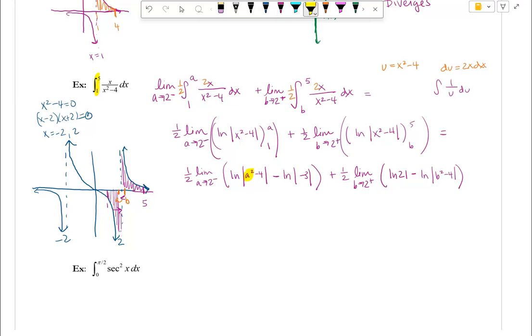We're going to be so close to being at the 4 there that I'm basically going to get a 0. So I basically have 1/2 times the natural log of 0 there.